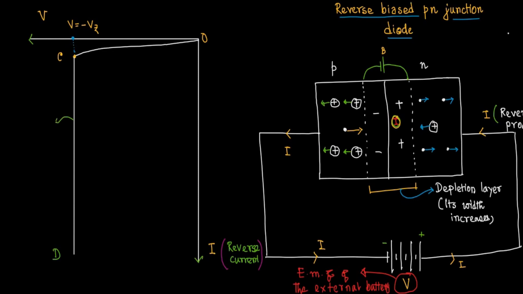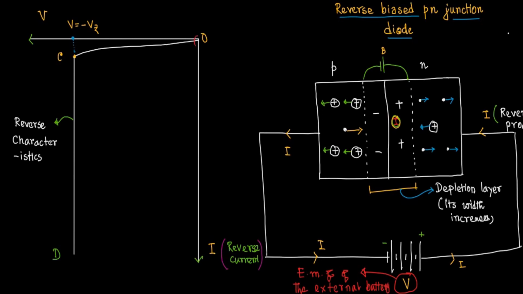The I versus V graph for a reverse biased diode is called the reverse characteristics.